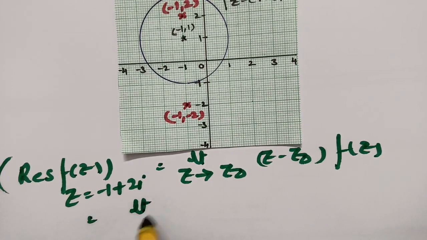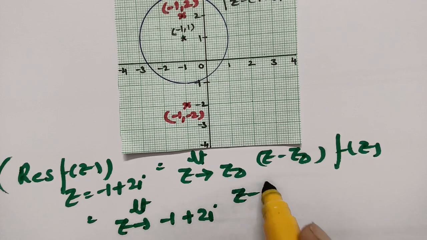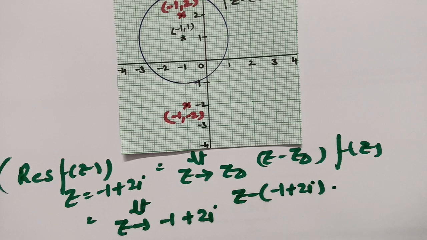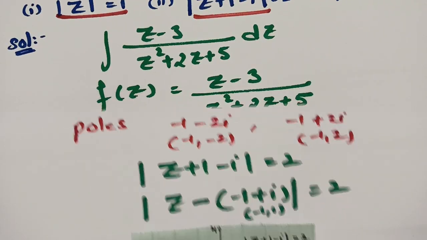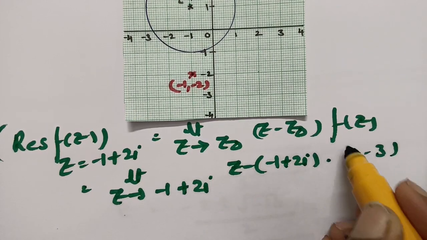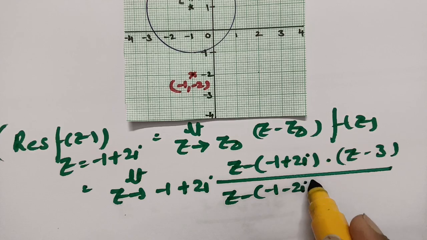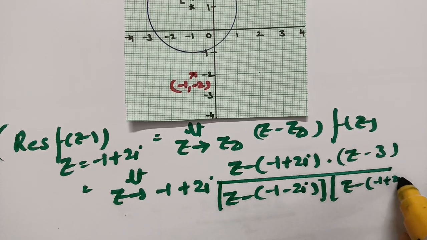So this will be the limit as z tends to minus 1 plus 2i of z minus, minus 1 plus 2i, into f of z, where f of z is z minus 3 by z minus, minus 1 minus 2i, into z minus, minus 1 plus 2i.